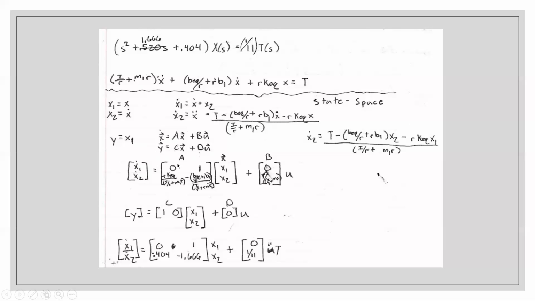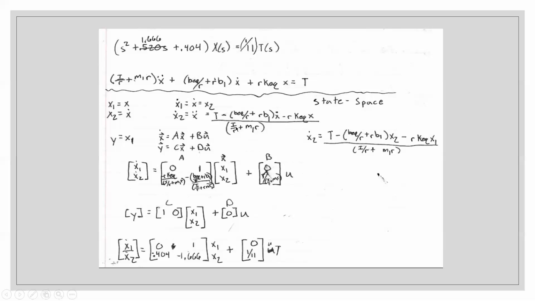X dot 1 is equal to x2, and then x2 dot is equal to negative K equivalent over M equivalent, minus B equivalent over M equivalent, times X1, X2, and then plus 1 over M equivalent on our U over here for our input.